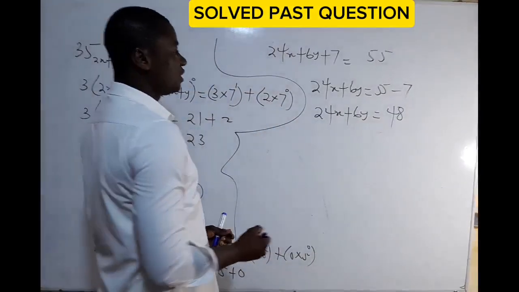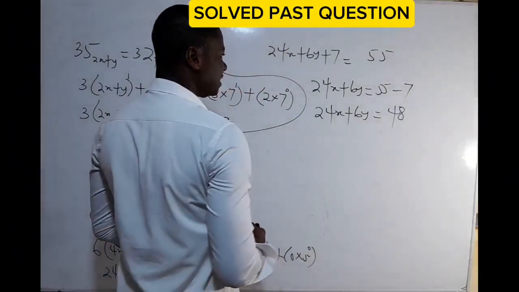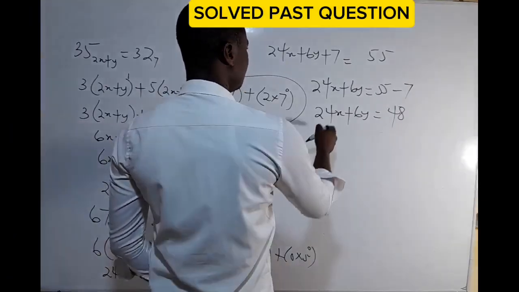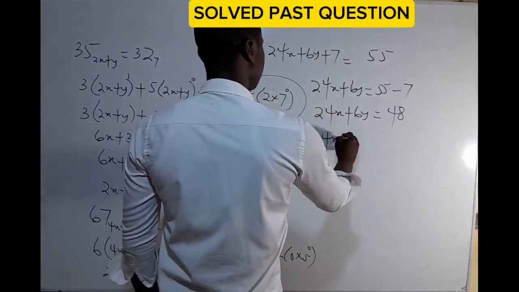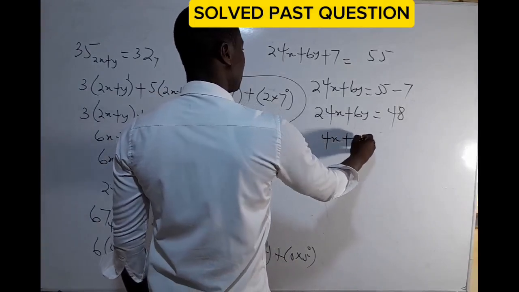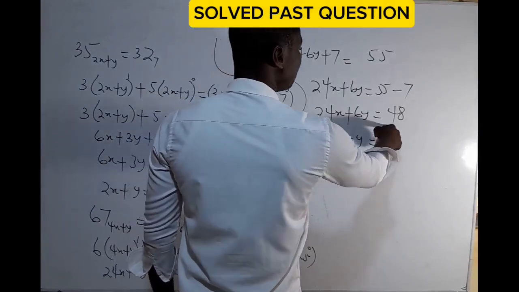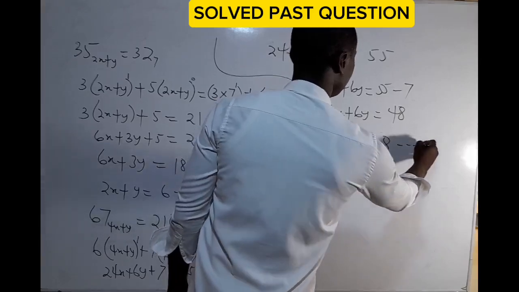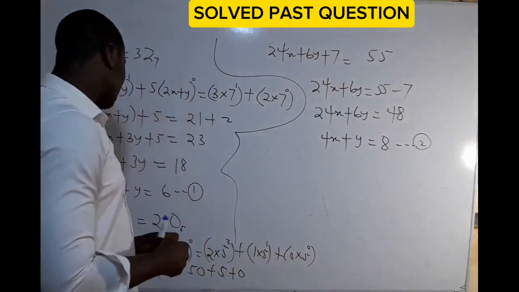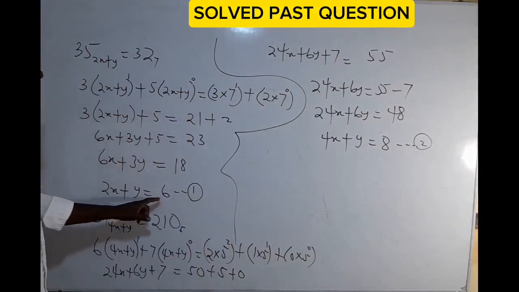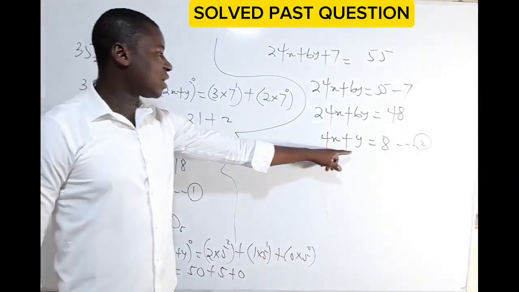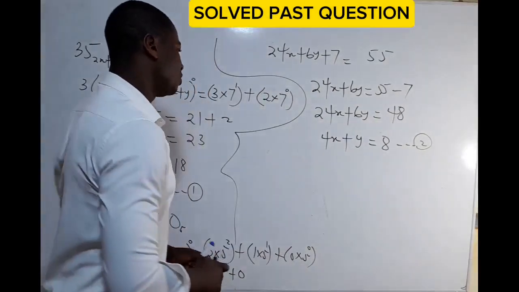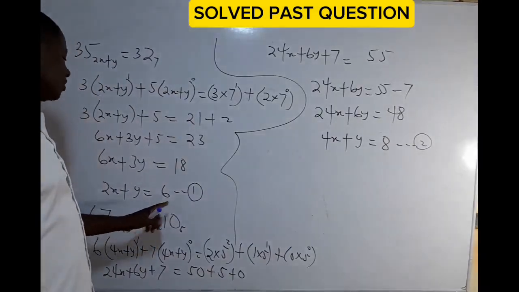We can divide through by 6. When we divide this by 6, we have 4x. When we divide this by 6, we have y. And when we divide this by 6, we have 8. Okay, so this should be equation 2. So these are the two equations we have. We have 2x plus y equals 6, and we have 4x plus y equals 8. That's equation 2. We are going to solve equation 1 and 2 simultaneously.